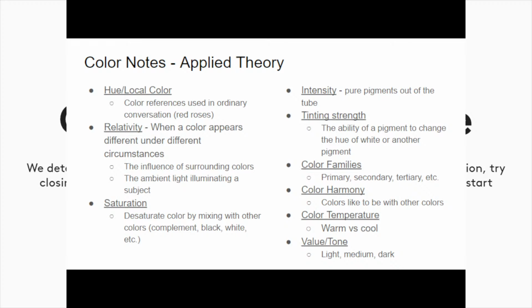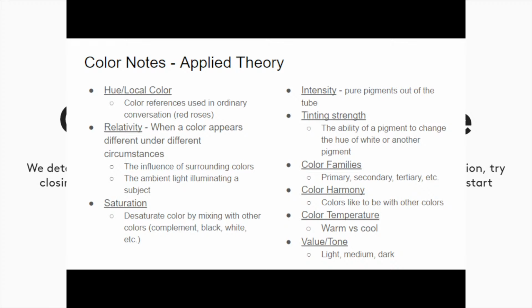Of the color. Tinting strength: the ability of a pigment to change the hue of white or any other pigment. So what that means is some colors out of the tube are stronger than others.